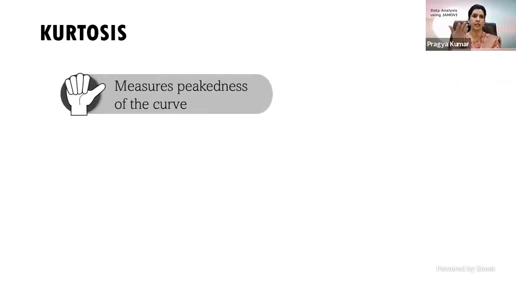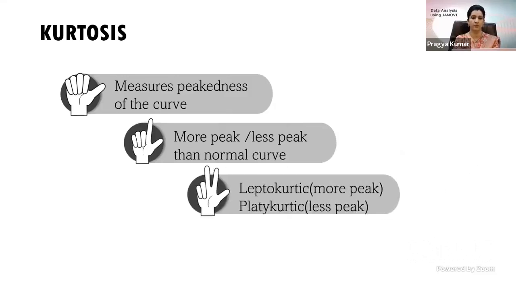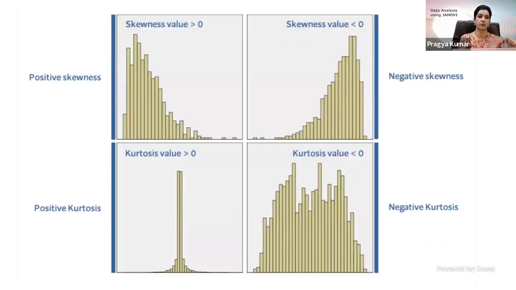The more peaked the curve, the more kurtosis. If there is more peak, we call it leptokurtic. If there is less peak, we call it platykurtic. Its value should also be within plus minus 2. So this is skewness and this is kurtosis.